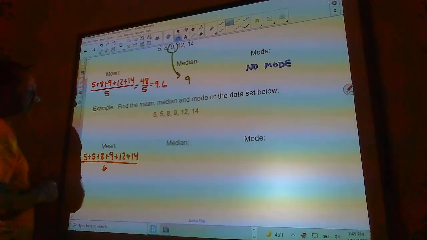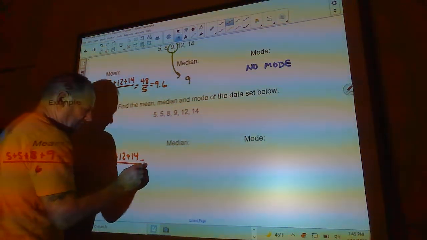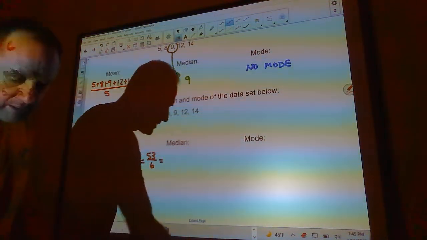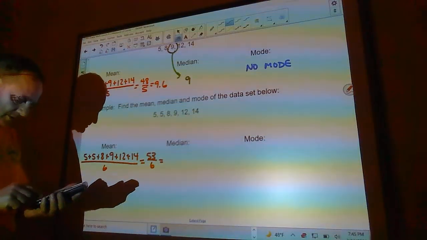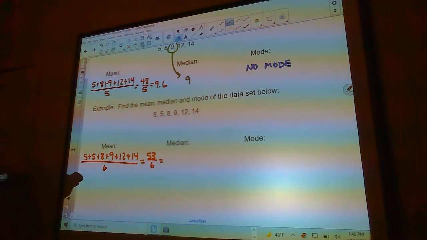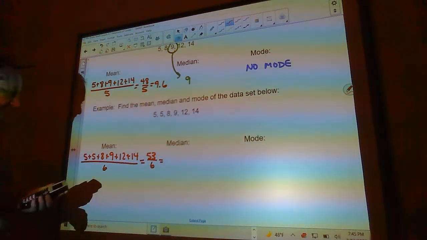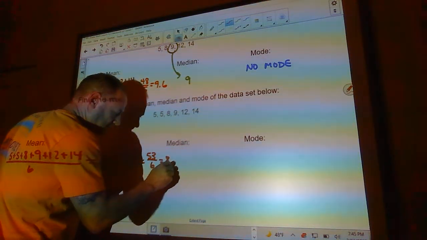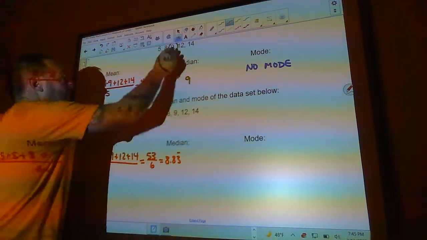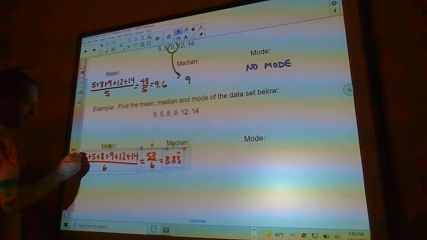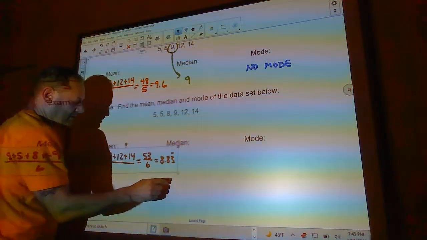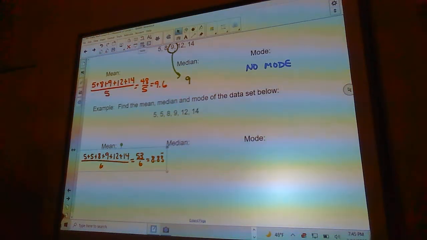So this is going to be 53 over 6. Let's just do this the easy way: 53 divided by 6 is going to be 8.83. The 5 repeats, and that changed our mean a little bit. The mean reduced.